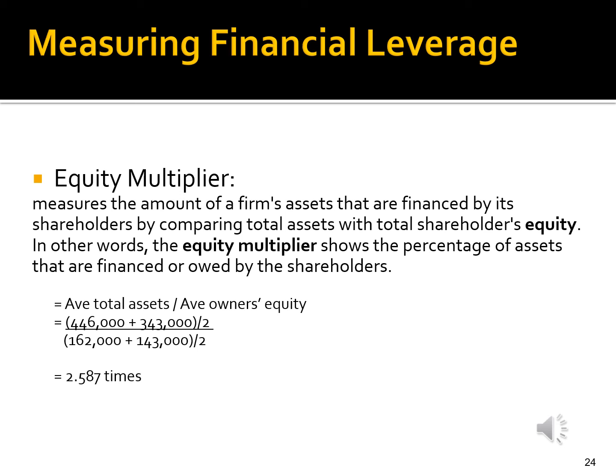So the total assets owned by the business are 2.58 times the shareholders' equity.